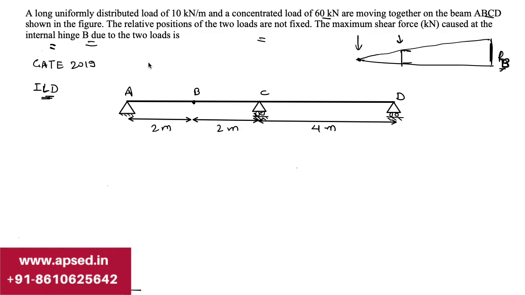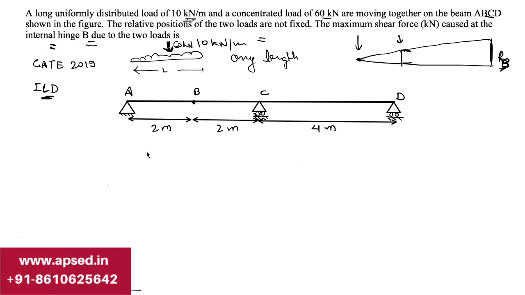So it is saying that there is a UDL of 10 kilonewton per meter. It does not specify the length of this UDL, so it can be of any length, because the length of this UDL is not given. And then there is a point load of 60 kilonewton that is also moving, and the relative position of this UDL and this load is not fixed.